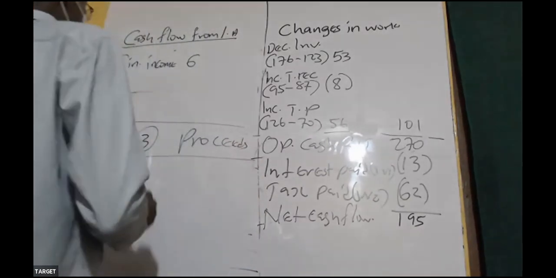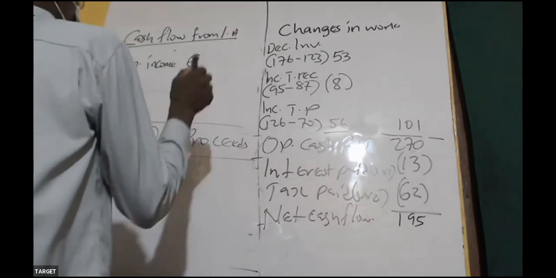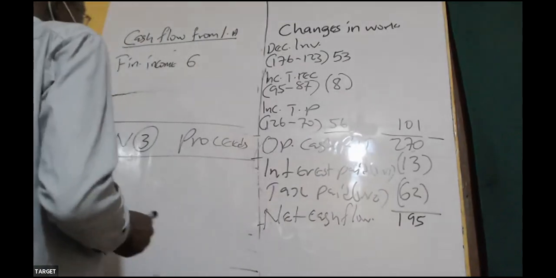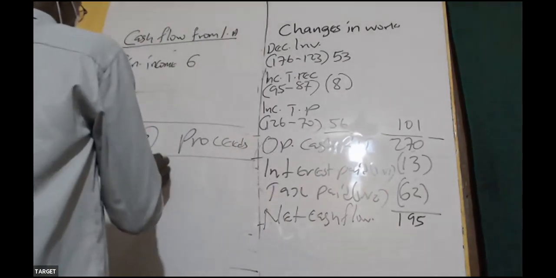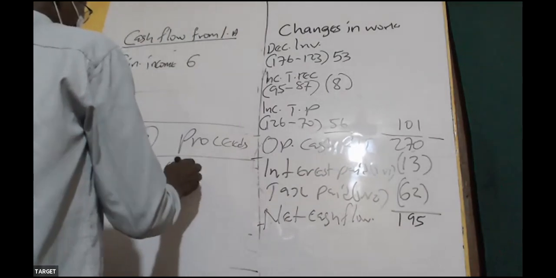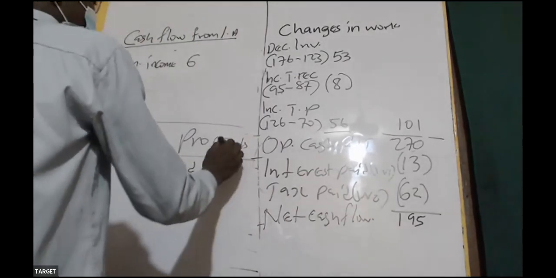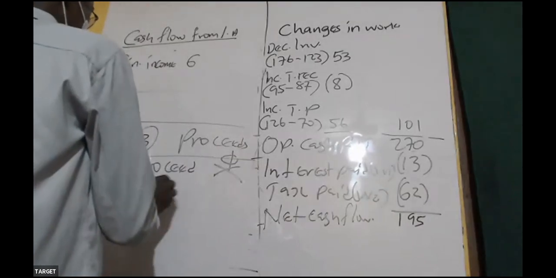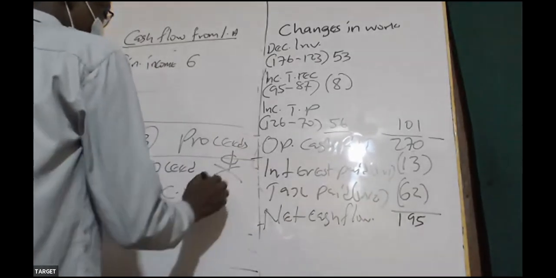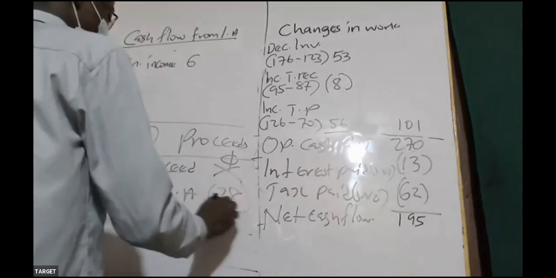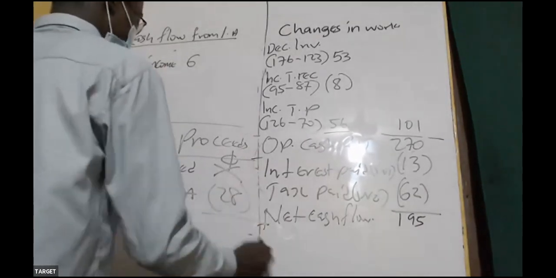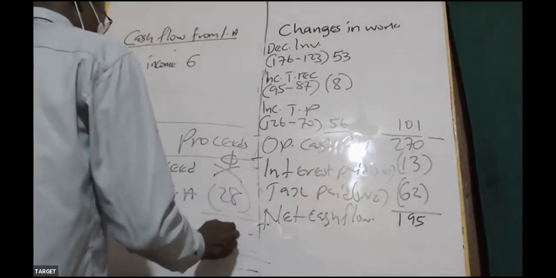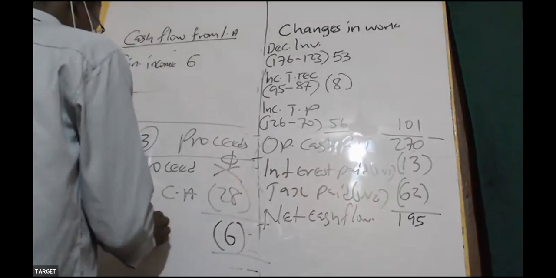Looking at this, we start by doing the computation of the profit or loss on disposal. Right here, proceeds, the balancing figure. For now, leave it empty. I will put X there. Less carrying amount. See, they say the carrying amount is 28 million. Put it in brackets. At the end of the day, they had a loss of 6 million. So loss on disposal.